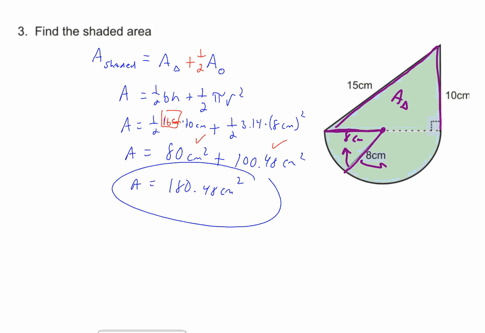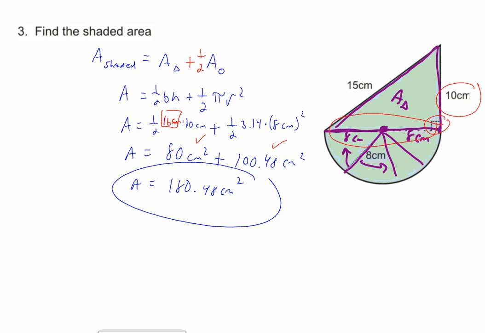Let's go the opposite direction. Keep moving. When we get to here, how much is from here to here? 8 plus 8 is 16. Isn't this the base of the triangle? And isn't this the height, the two sides that meet at the right angle? So base of 16 centimeters, height of 10 centimeters. Okay. Any other questions? Anybody else?